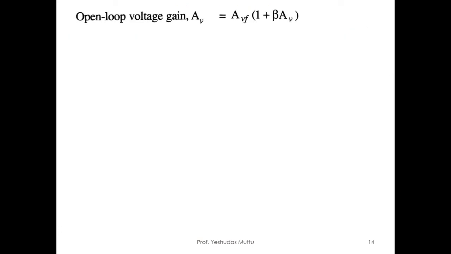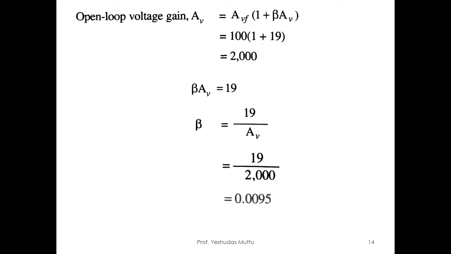So substitute, see if you are getting 2000. This is AV. So the first part of the problem is over. Now we need to find beta. Beta AV is 19 and AV we have just got, so just substitute and see if you are getting this. I hope the first problem is clear to you all.